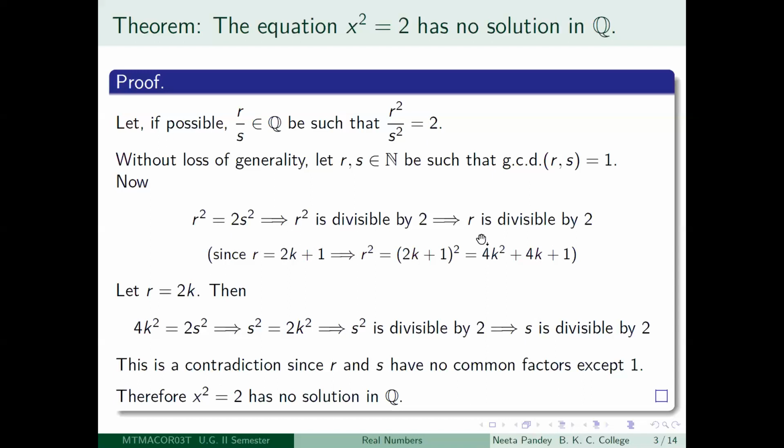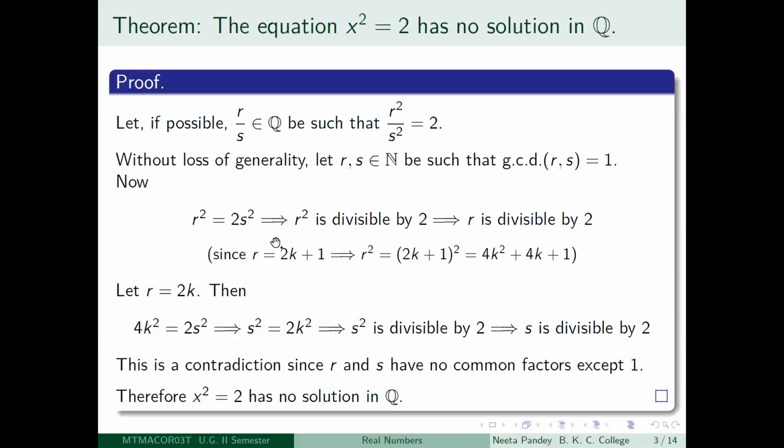That is, if r is equal to p1 into p2 into etc. pk, where p1, p2, pk are primes, then r squared is going to be just p1 squared, p2 squared, etc. pk squared. So if there is no 2 in the p1 to pk factorization of r, then there cannot be any 2 in the prime factorization of r squared. So that is also another way of looking at the proof of the same result.